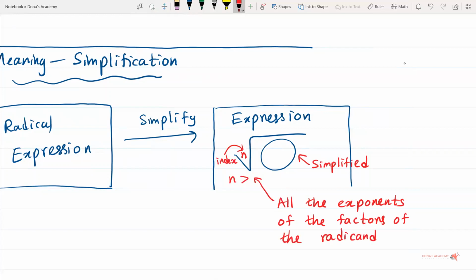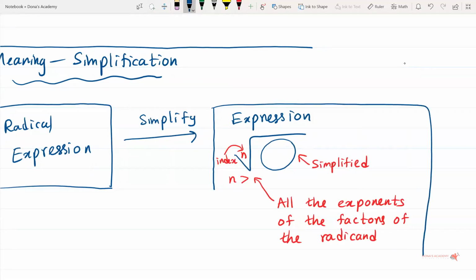It can't be equal. If it is equal to one of the exponents, then it is not simplified, okay? Alright, so these are the conditions. Let me recap those. After simplifying a radical expression, we should have another expression where in the radical pieces, the index should always be bigger than all the exponents of the factors of the radicand, and the inside radicand should be a simplified expression.